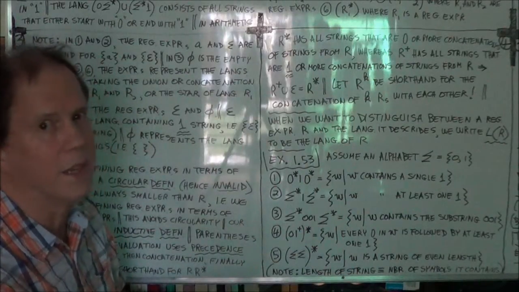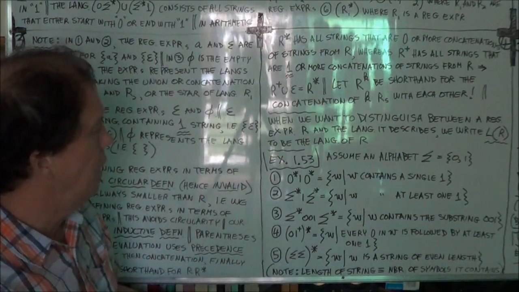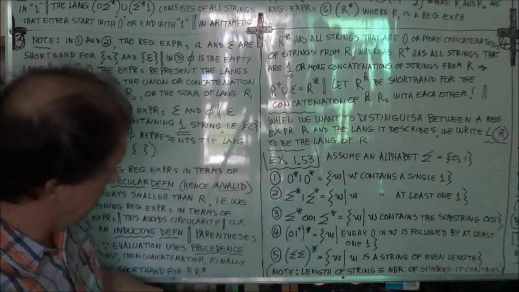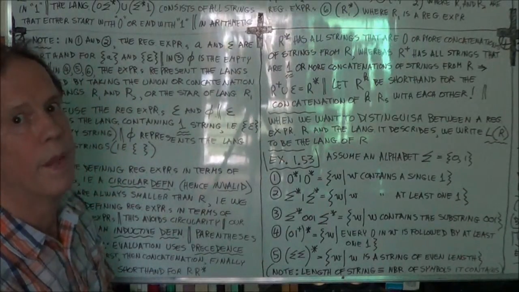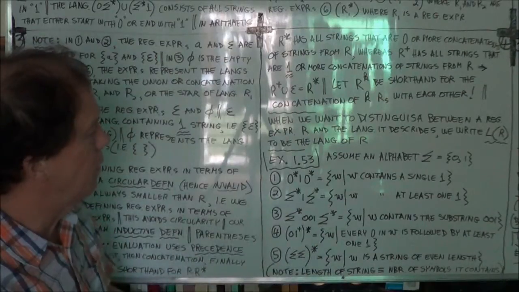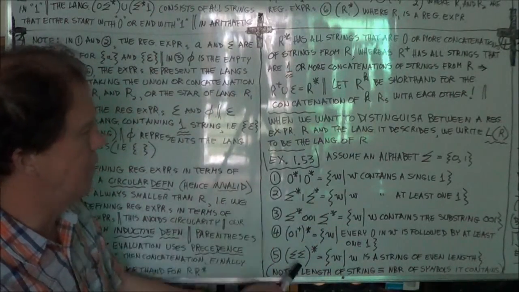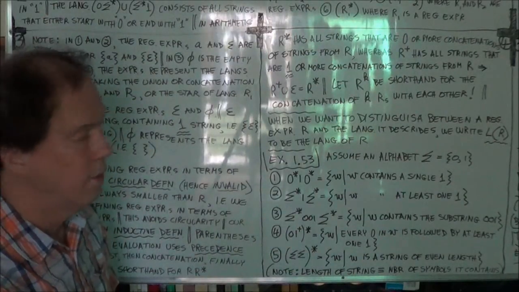What is its language? So in a sense we're giving examples now. We've got five examples. On the left-hand side you have a regular expression, and on the right-hand side is its corresponding language. So the left-hand side would be your Rs, and the right-hand side would be your L of Rs.